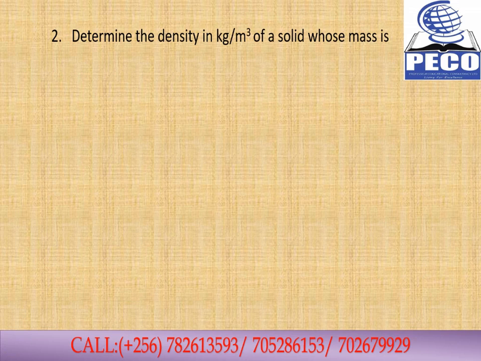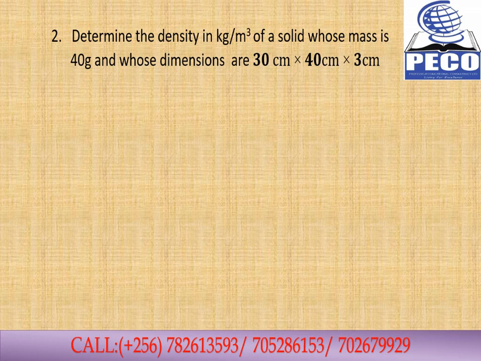Determine the density in kilograms per cubic meter of a solid whose mass is 40 grams and whose dimensions are 30 centimeters by 40 centimeters by 3. So the mass is given as 40, and the dimensions are given.